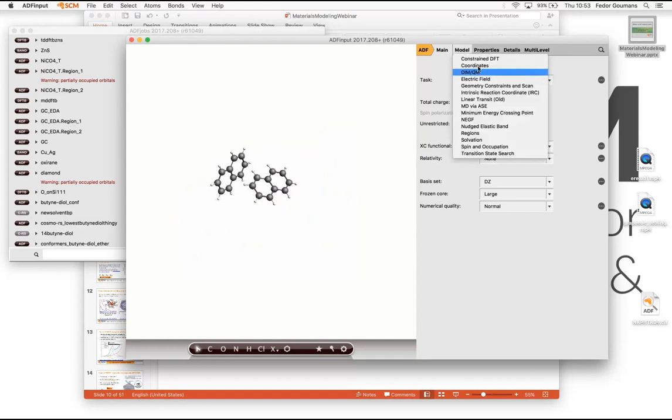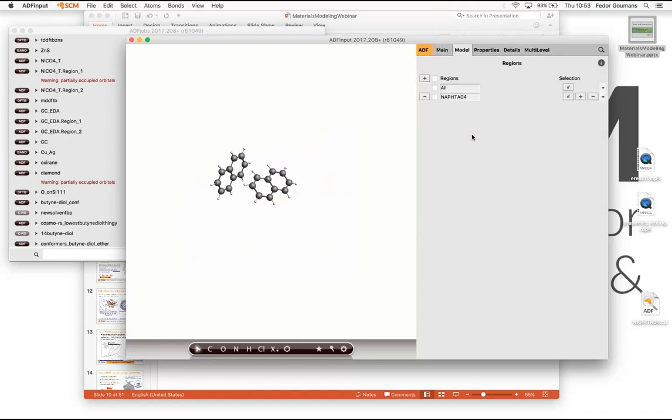Now I have to define the two fragments between which I want to calculate the charge transfer integrals. So we go to model regions. We delete this. By default, anything that's imported is defined as a region. And we define this molecule here as region 1. And then we select the other molecule. So that's Control M or Command M on your MacBook.